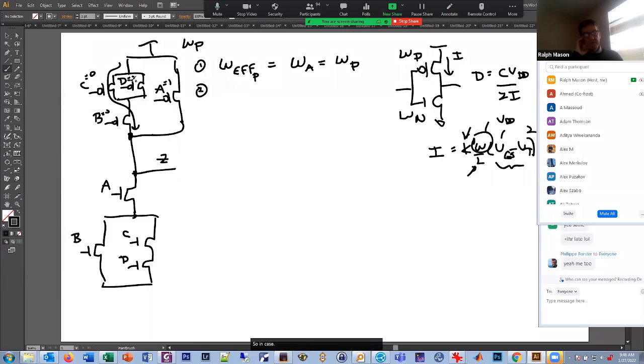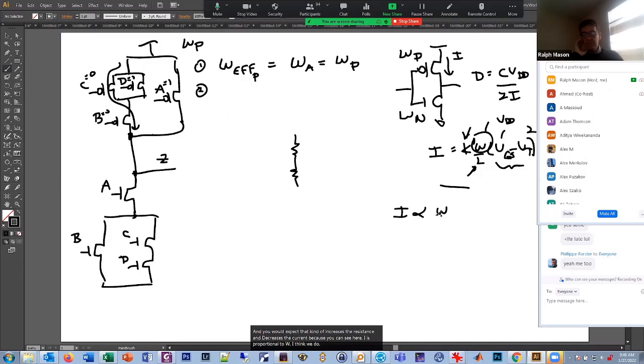Well, to figure that out, you have to realize if I take 2 transistors in series, it's kind of like 2 resistors in series, right? And you would expect that kind of increases the resistance and decreases the current, because you can see here, I is proportional to W.